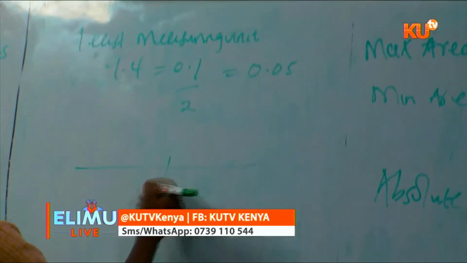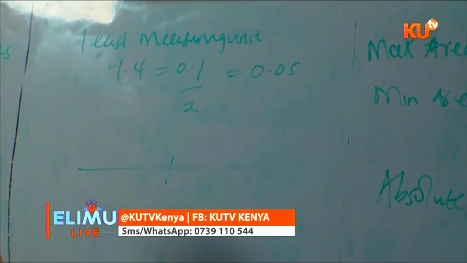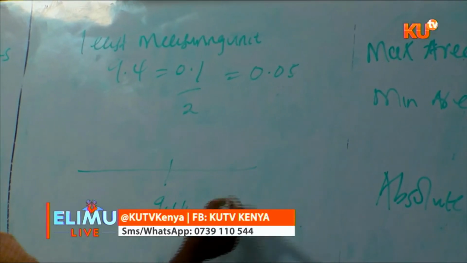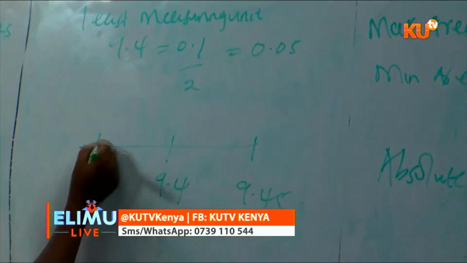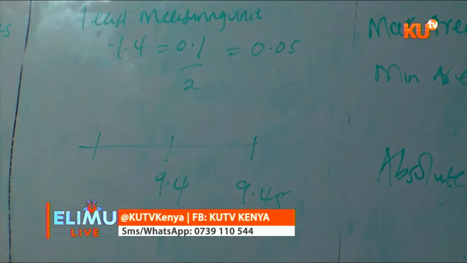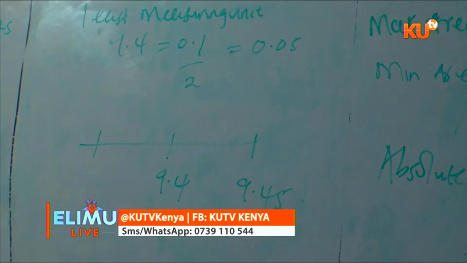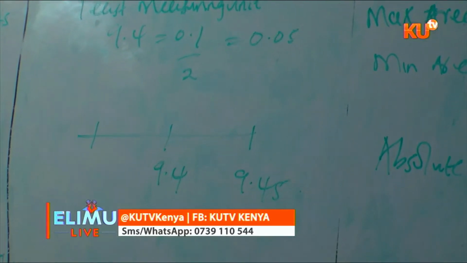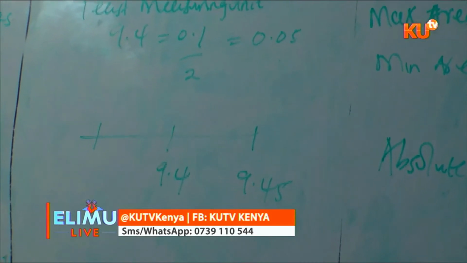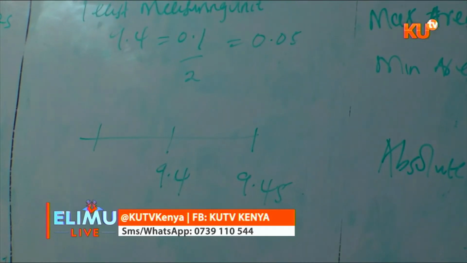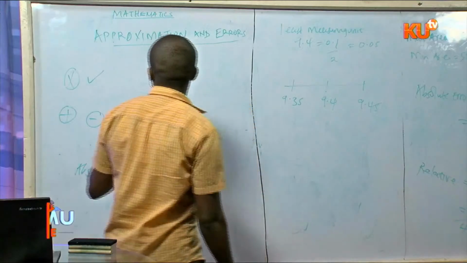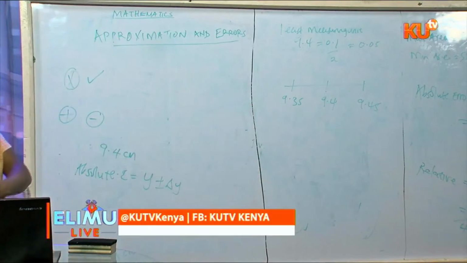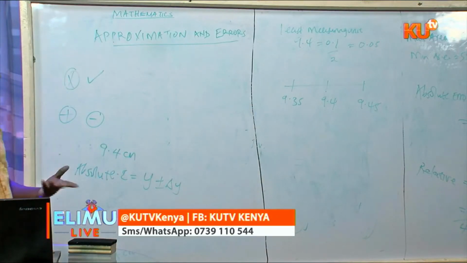So the upper bound and the lower bound for this measurement 9.4: if this is the actual, the upper bound will be 9.45, and for the lower bound you just minus 0.05. Take your calculator, 9.4 minus 0.05, you get 9.35.